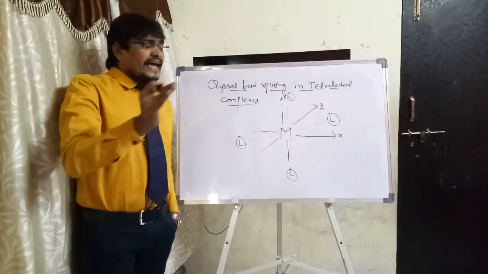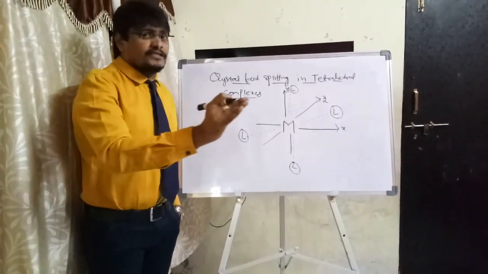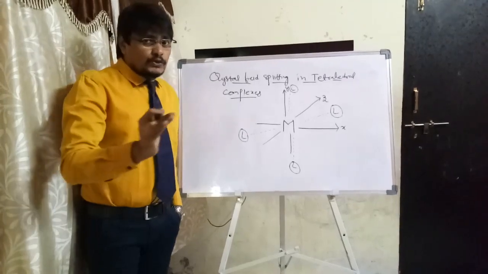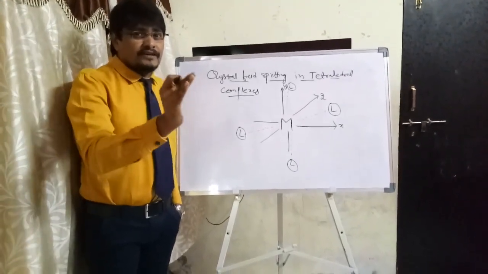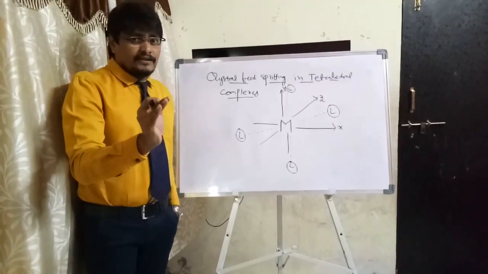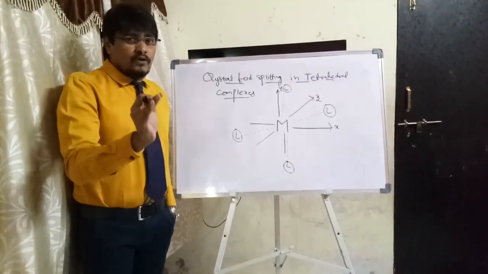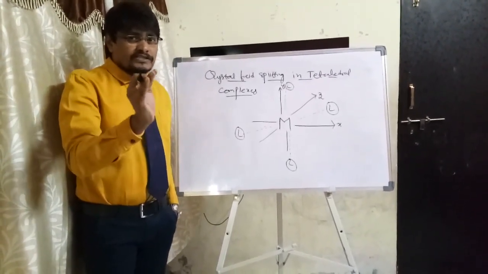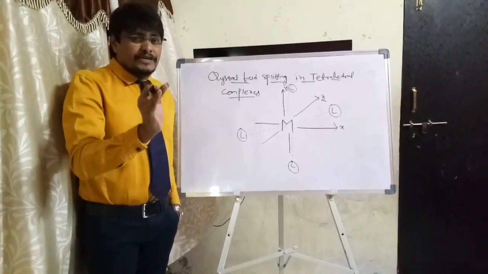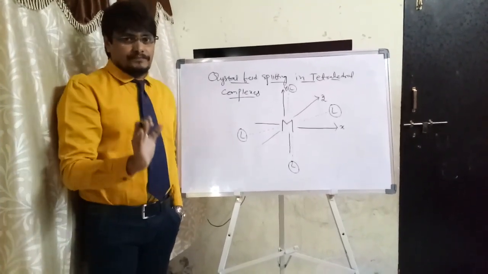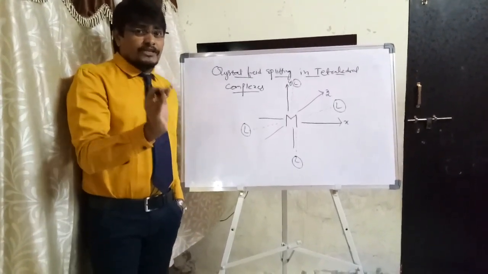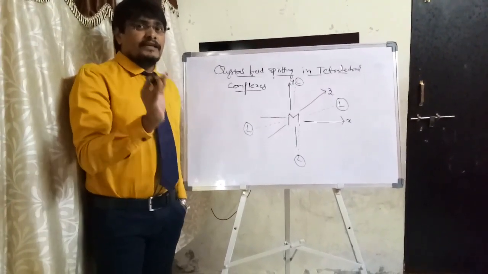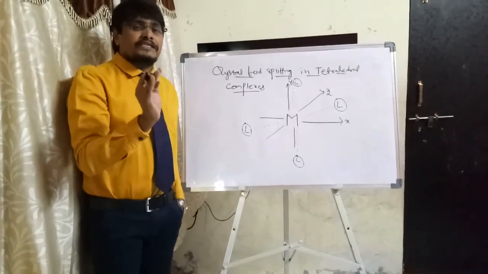Now, whenever the ligands are approaching the metal, in fact the electrons on the ligands are approaching the metal in between the axis, definitely whatever d orbital has electrons sitting in between the axis experiences maximum repulsion. And repulsion is directly proportional to energy, I have explained this very clearly in the first video on crystal field theory.